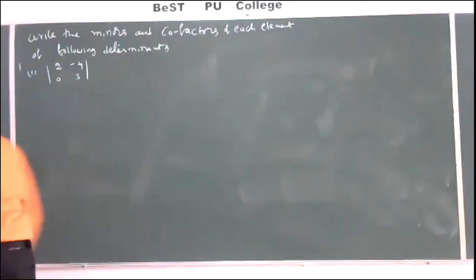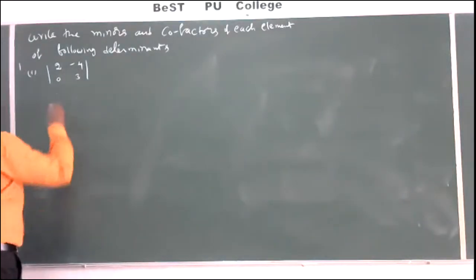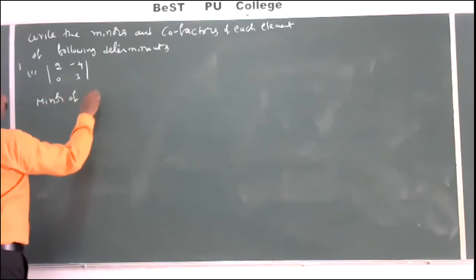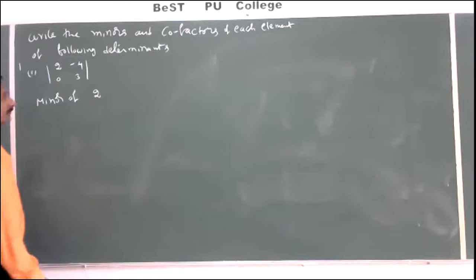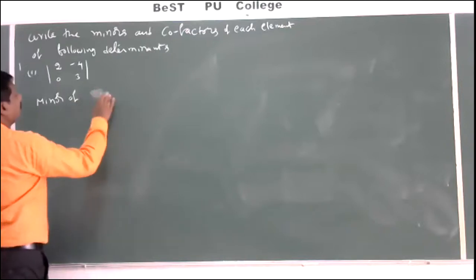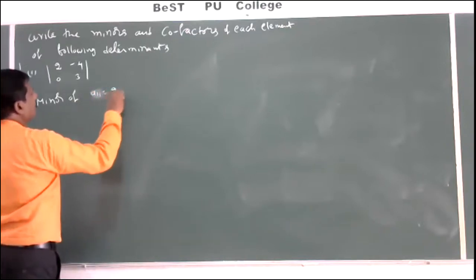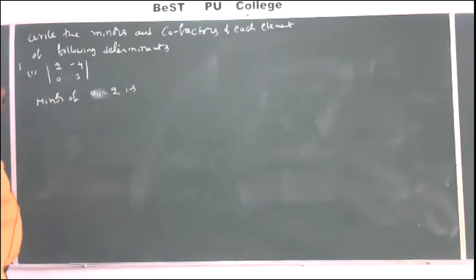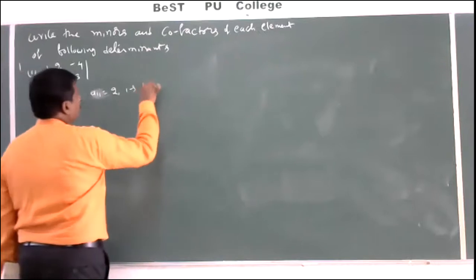Here it is a 2 by 2 determinant. First one, minor of 2. Here the minor of a11 that is equal to 2 is M11.